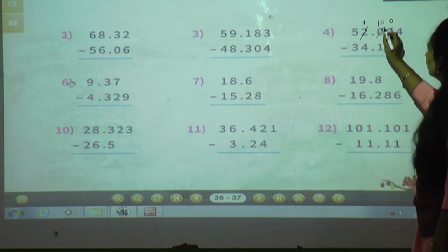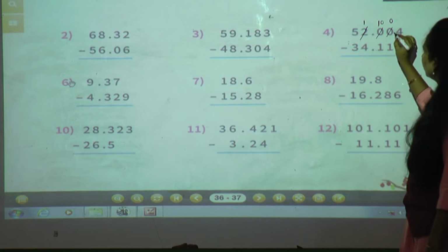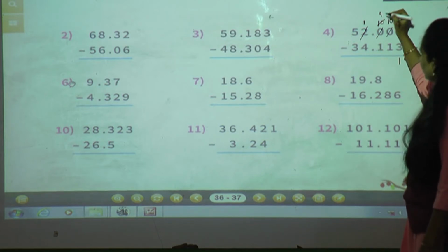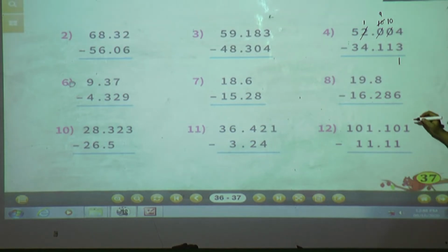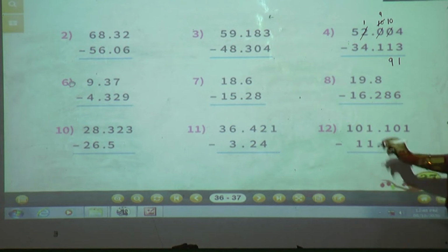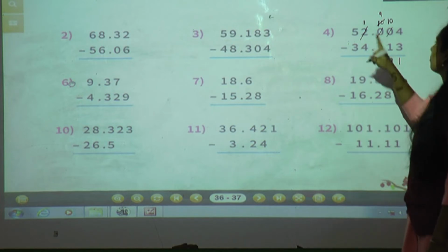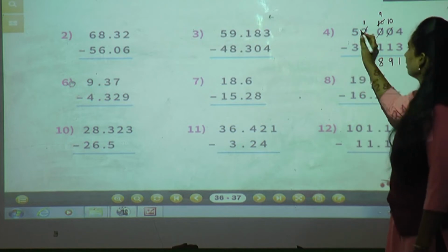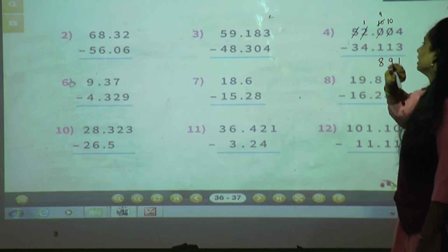Now we can give 1 borrow to the hundredths place. So the tenths place will give 1, here 9 will remain. Now 10 minus 1 is 9. Now 9 minus 1 is 8. 1 minus 4, again we cannot, then go to the tens and ask it to give 1 borrow.